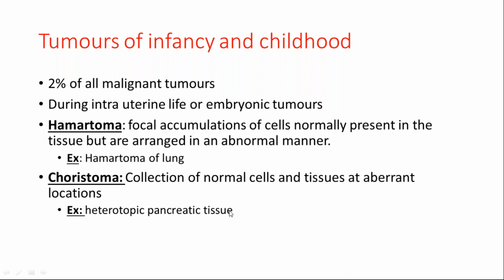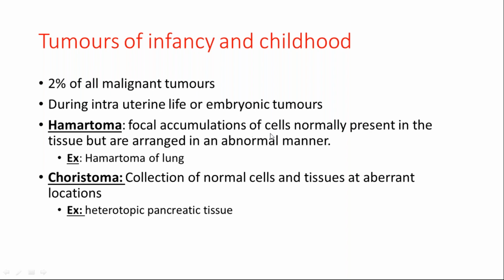Normally pancreas is present near the duodenum and stomach, but when it is present in other places like the large intestine or even in the chest cavity, we call it heterotopic pancreas. So choristoma means normal cells and tissue present at an aberrant location. It is heterotopia or choristoma.